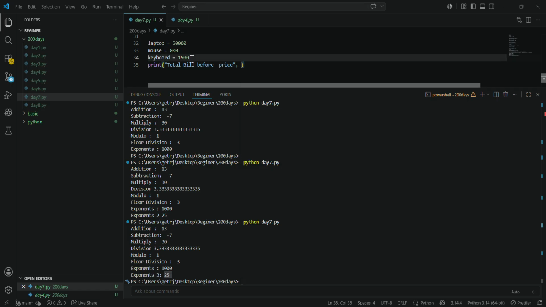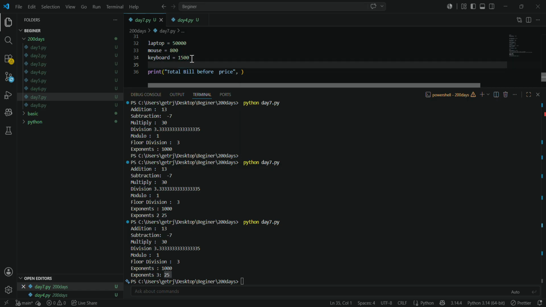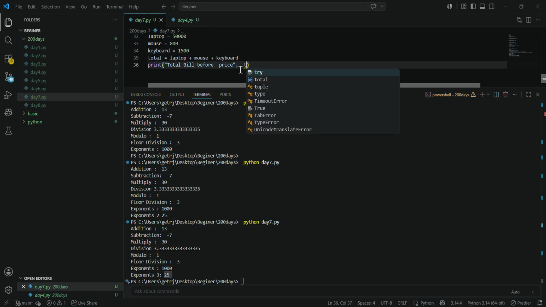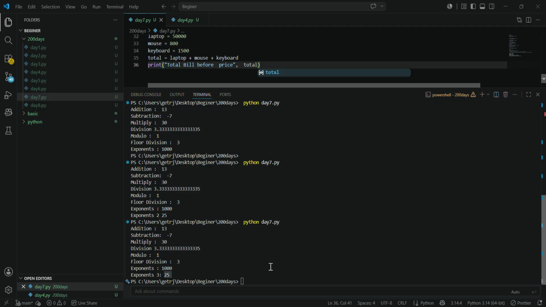Now we add here first total equal to laptop plus mouse plus keyboard. Now we will check here total.